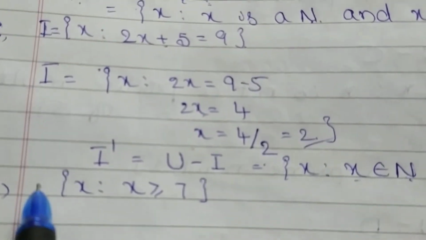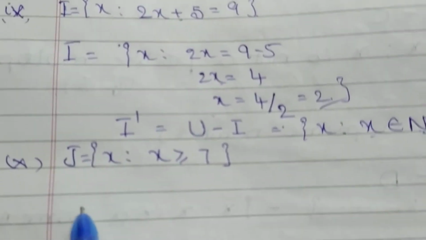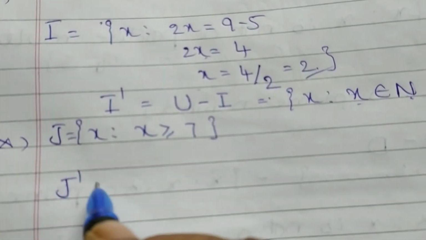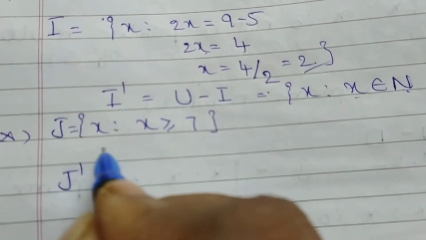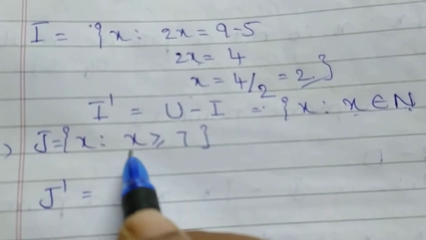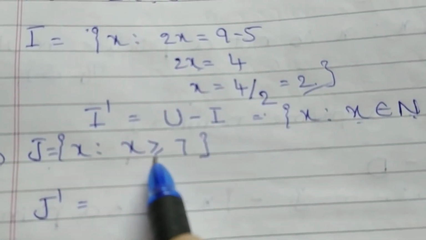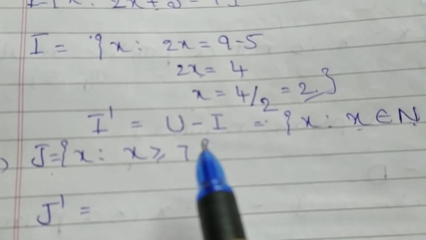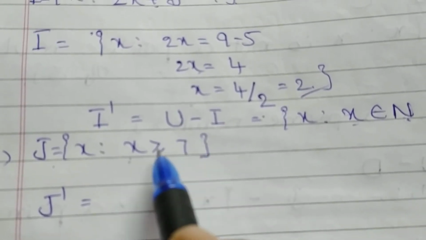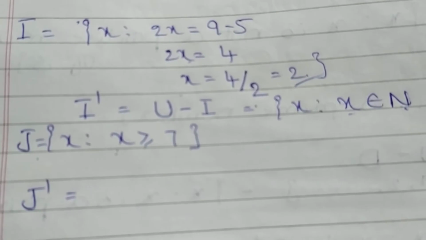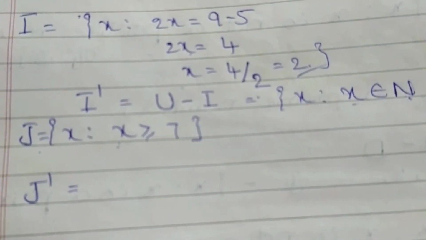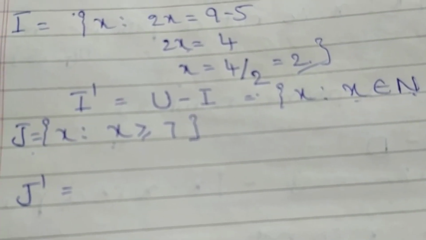Let us take this as J. So we want J complement. First let us solve this. x greater than or equal to 7. J is the set containing the elements x such that x is greater than or equal to 7. 7 or more than 7, whatever the elements: 7, 8, 9, 10, 11, 12.